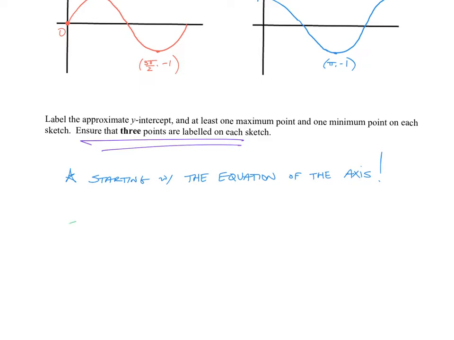The other strategy we can get into can be focusing on your max or your min and dealing specifically with your max and your min based on horizontal and vertical transformations.